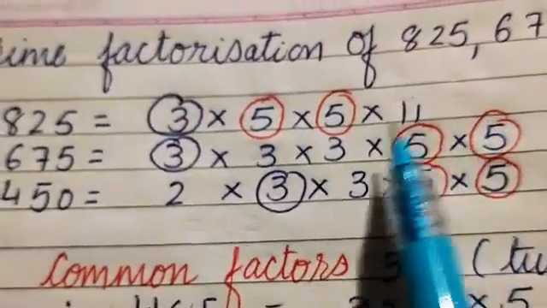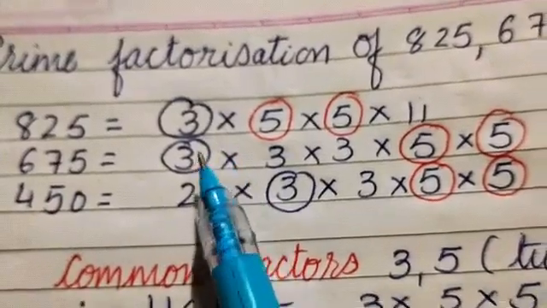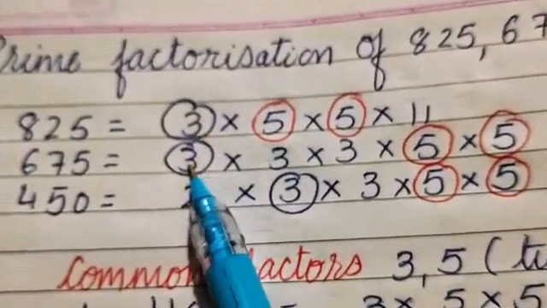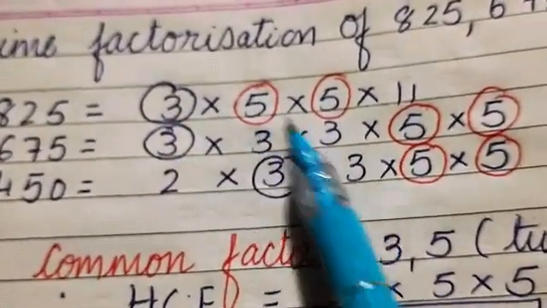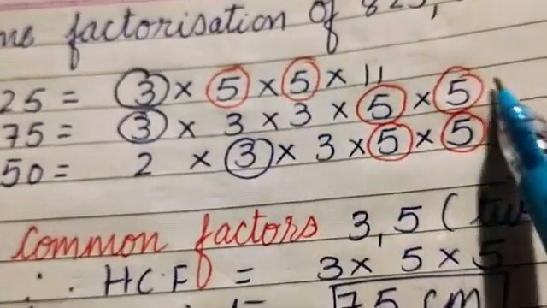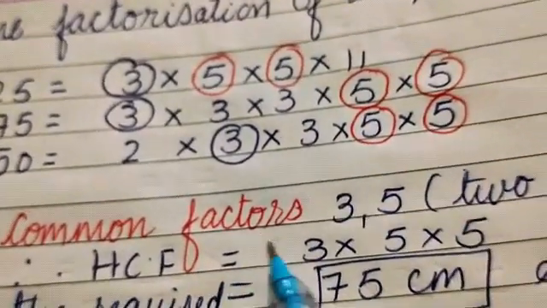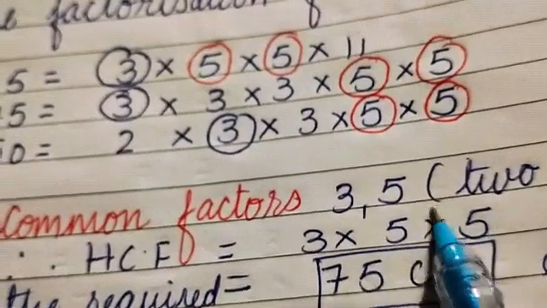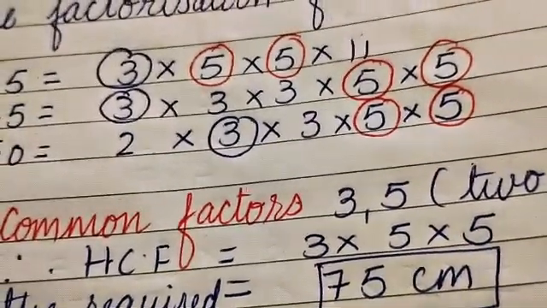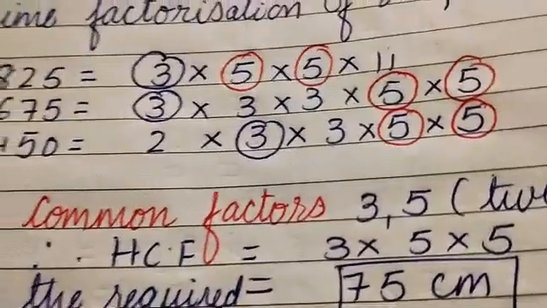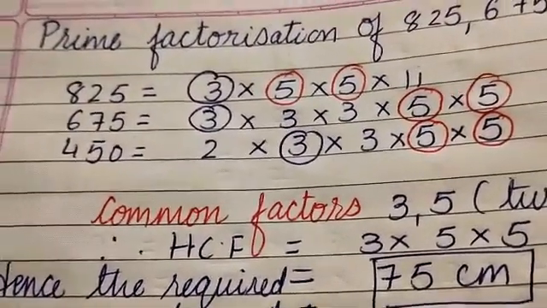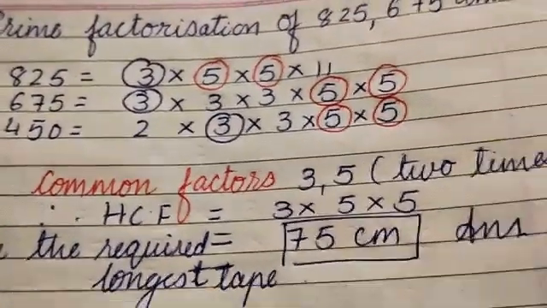So we are writing the same thing here. From this we will find the common. The common factors will be 3 and 5 two times. How many times will 5 be? 5 will be 2 times.